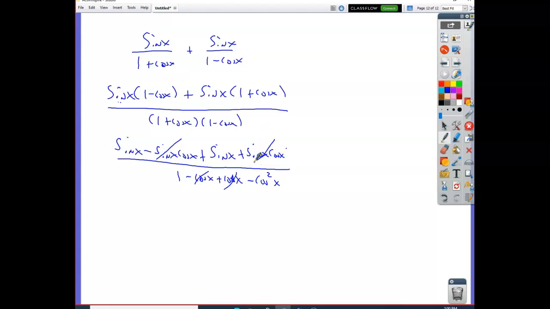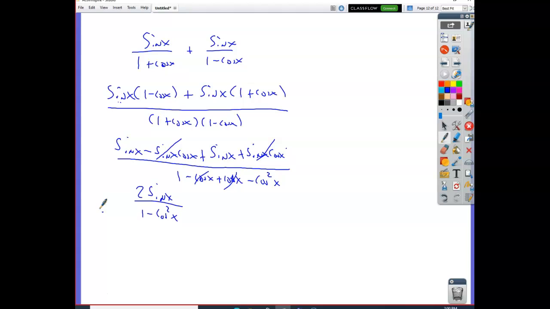So what's sine x plus sine x? Two sine x, over 1 minus cosine squared x. Now, you might think you're at the end, but you're not, because you've got a cosine squared and everything else is in terms of sine.